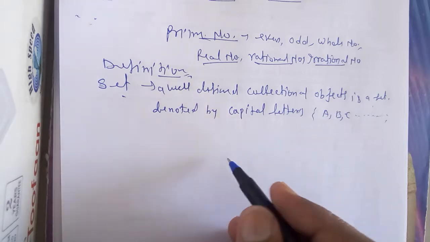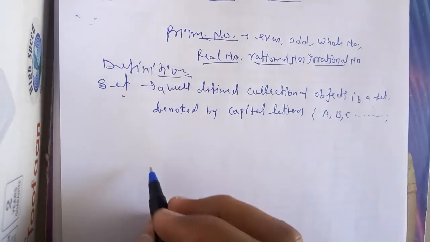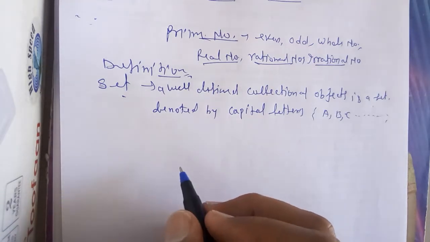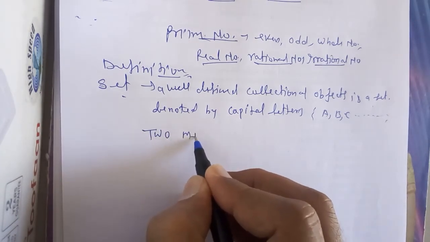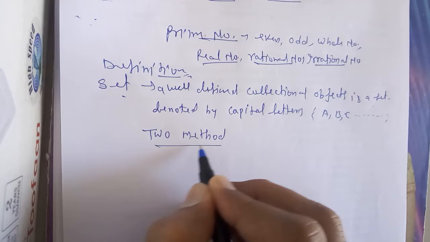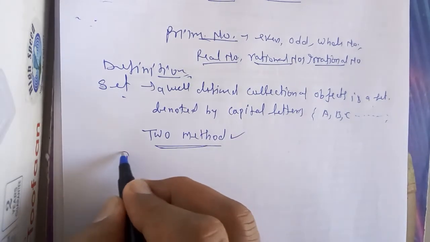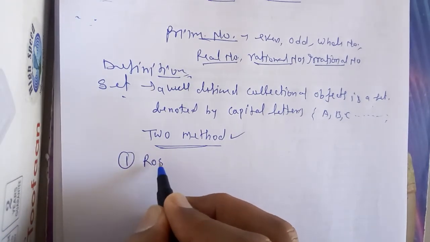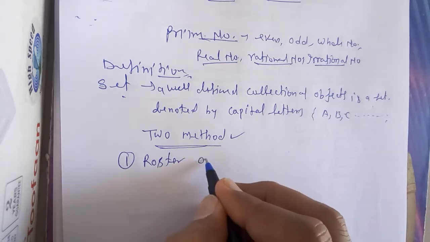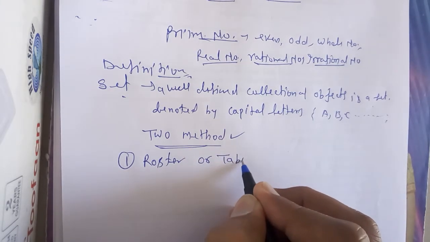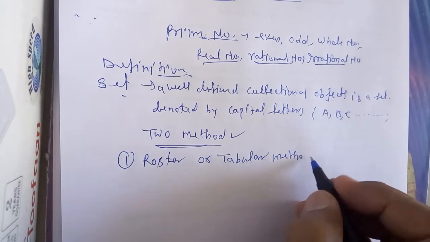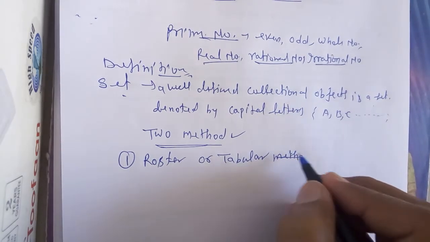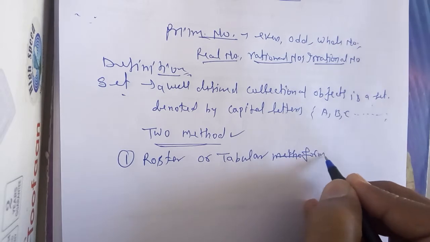Next, the set has two important methods. Number one, roster or tabular method form.